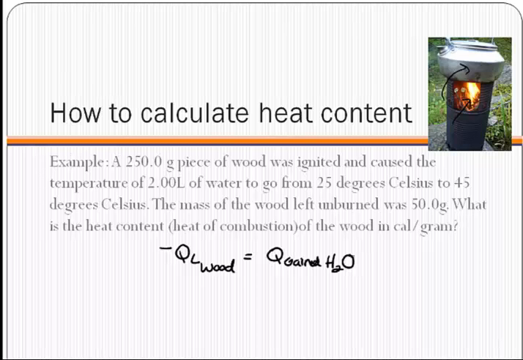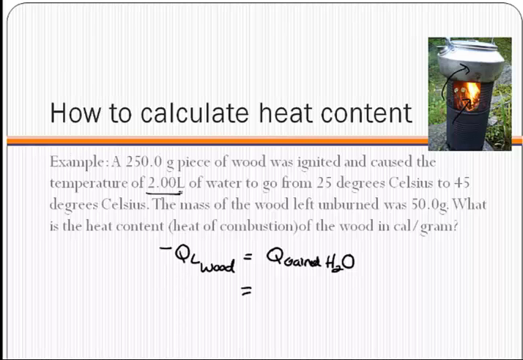So the energy is transferring. Now, we don't know what the specific heat of the wood is, and so we really can't go any further in this direction. But because of the law of conservation of energy, we could say, wait a minute, I have everything I need to know for the water. I know the mass of my water because of the density of water.